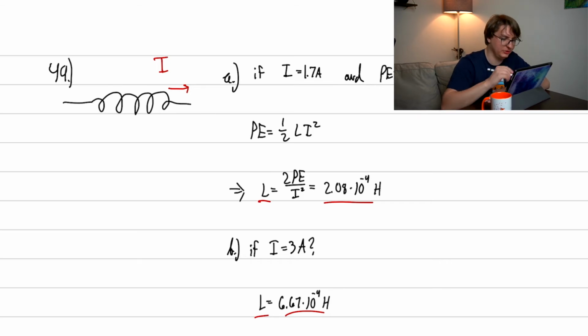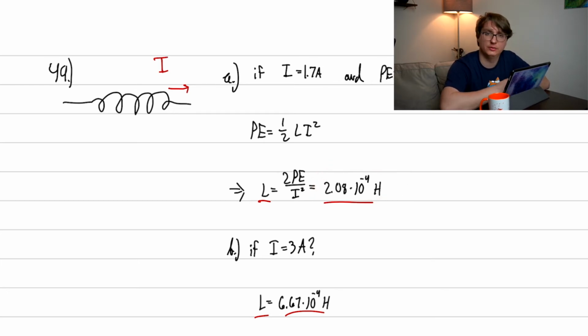So in this problem, we're just doing something really basic. We're told if we have a current and the potential energy, what's the inductance? So we have our equation for the potential energy of an inductor, and we can solve for the inductance backwards. We don't move that. We move everything else to the other side. We get 2 times the potential energy over I squared, and then we get some number in henries for inductance.